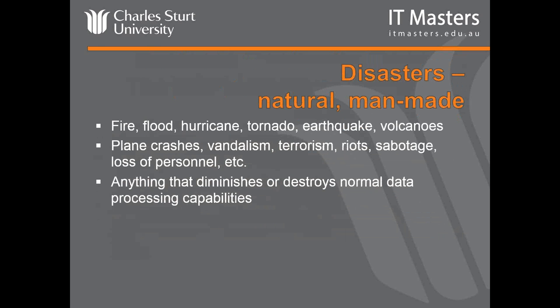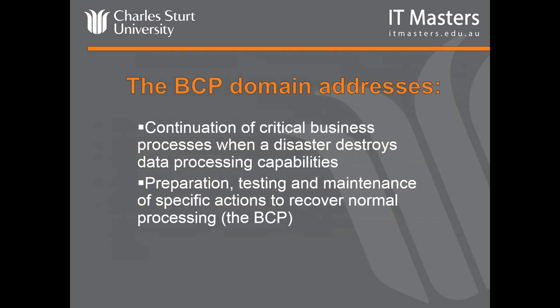So, what are we looking at? Continuation of critical business process. So, how do we make sure that if we lose data processing capabilities, we can keep going? What we're trying to do here is preparation, testing, and maintenance, the different areas that cover processing, so that we can ensure over time that we have all those necessary controls in place up front and not have to worry about it down the track.